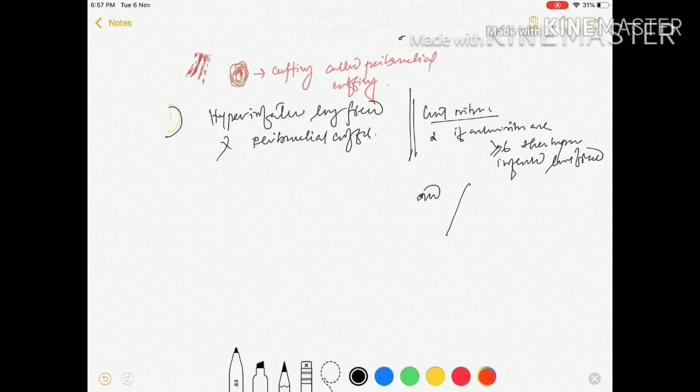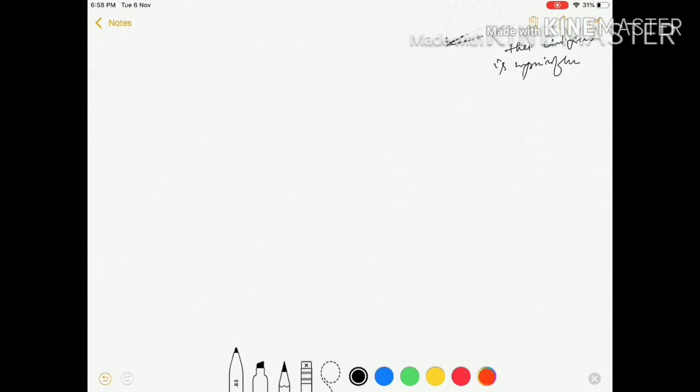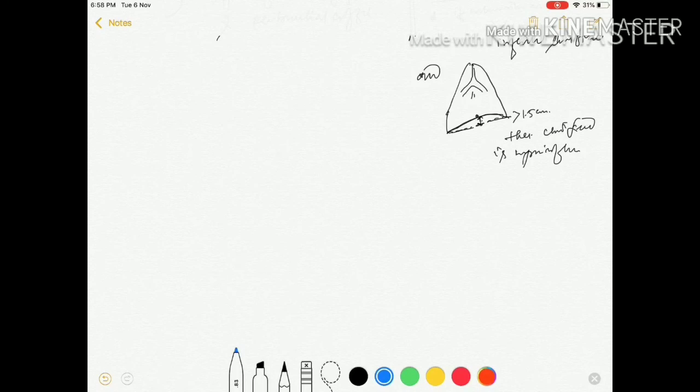And if this is a chest x-ray and this is the dome of the diaphragm, you can join these two lines. If the distance between the highest point of the dome of the diaphragm and this basal line is greater than 1.5 centimeter, then the chest field is hyperinflated.